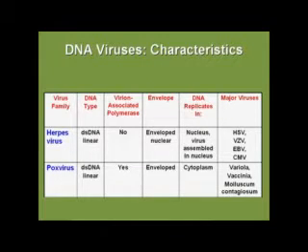So you have to know HSV, VZV, EBV, CMV, and then human herpes virus 6 and 8 additionally, okay? Pox virus, you definitely want to know clearly smallpox, and then understand that molluscum contagiosum, which we do see infections with in the U.S., is also in that family, okay? So all of that information is nice and tidy for you in that table.